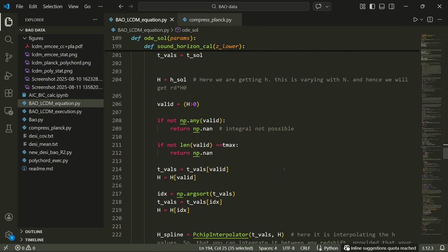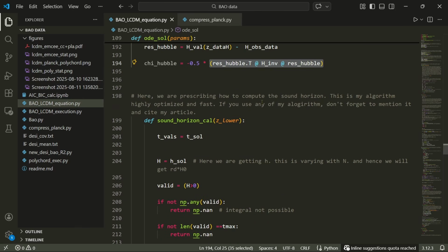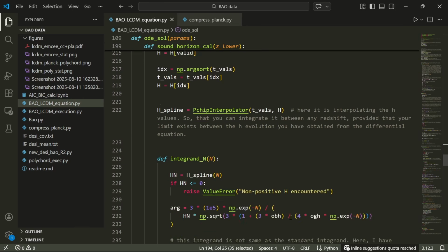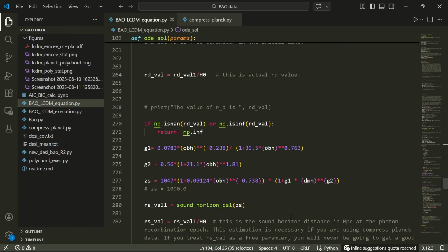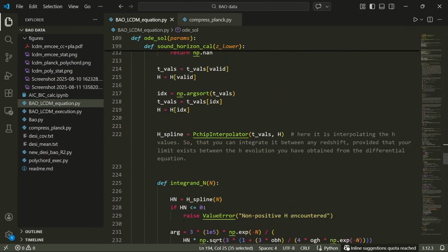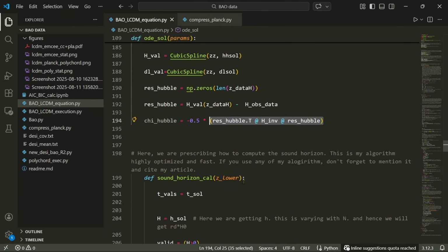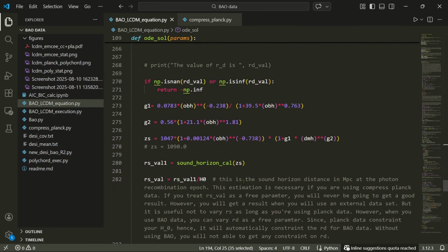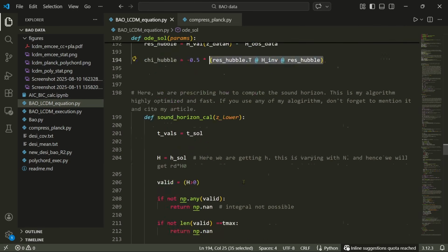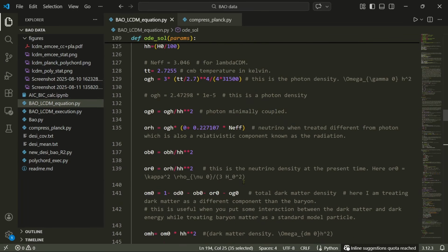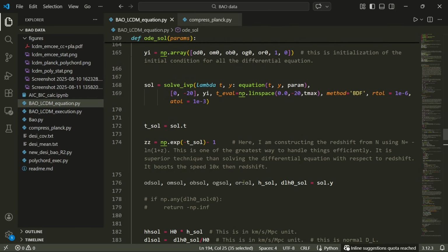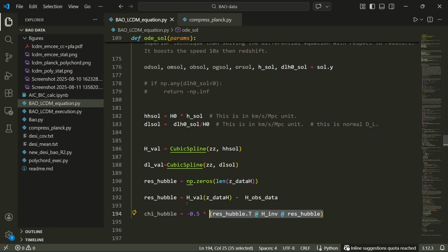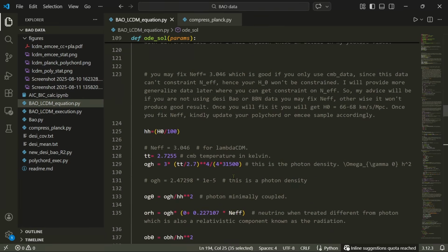Now I have not explained the Planck data, since this video is again out of scope. I will later explain to you the Planck, then what is the sound horizon and all these things. But for this moment, you have to understand that, okay, once you have found out what is your DL, all right, what is your Hubble, then you just have to use everything, because your work is done.